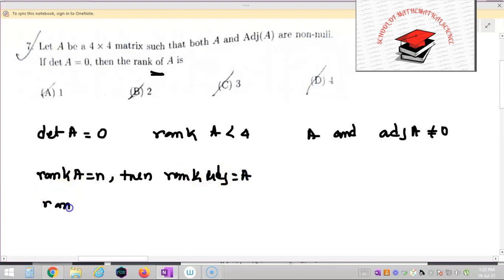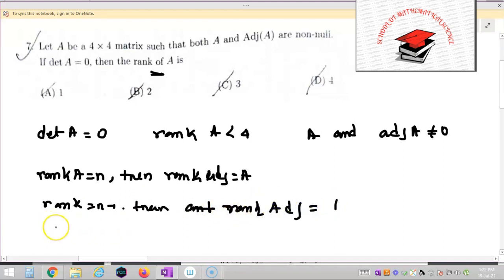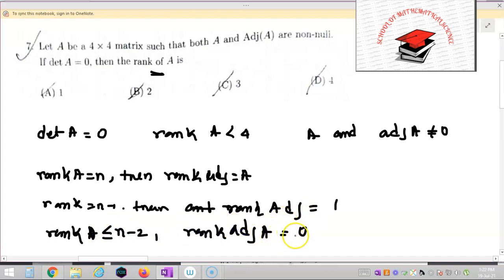If rank of A is equal to n minus 1, then rank of adjoint A is 1, and if rank of A is less than or equal to n minus 2, then rank of adjoint A is equal to 0.